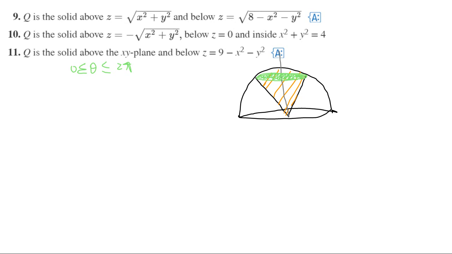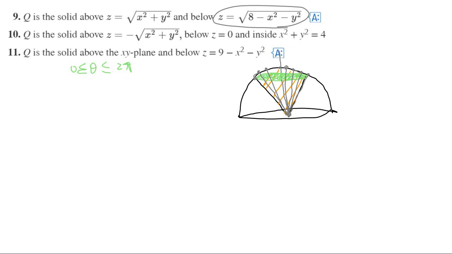Rho is the distance between the points and the center. If you draw now, rho is constant throughout the solid, the same until this point. Why? Because of this sphere.